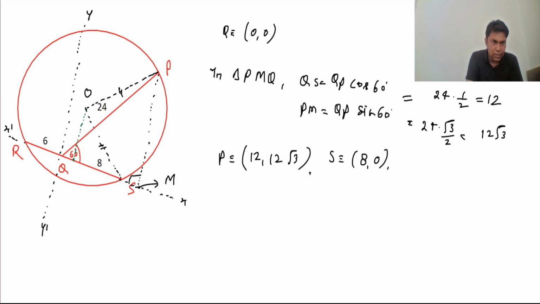Here RS is a chord of the circle, and if we drop a perpendicular from the center of the circle to the given chord, that divides the chord into two equal halves.